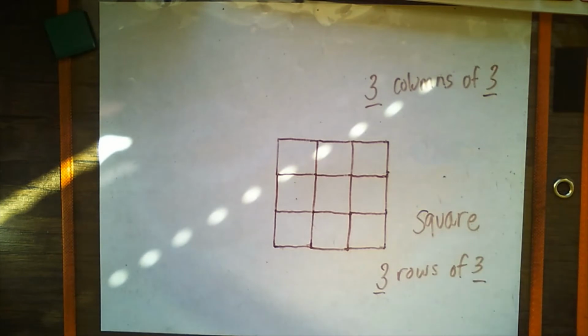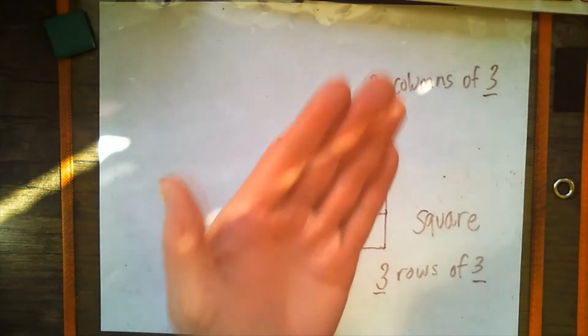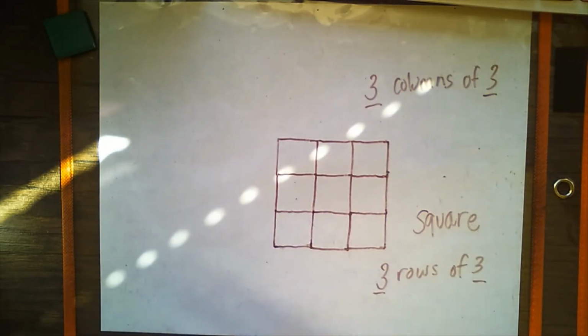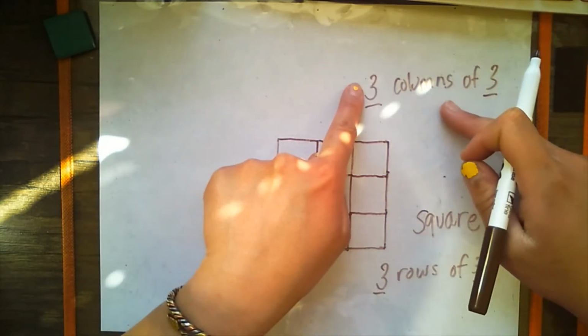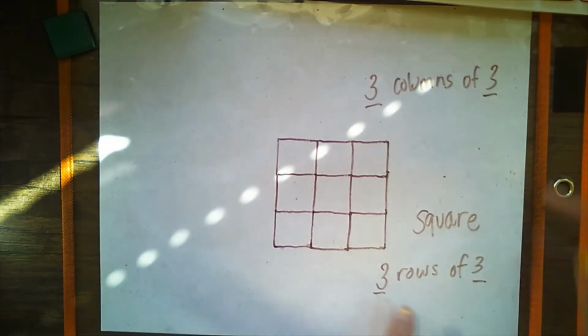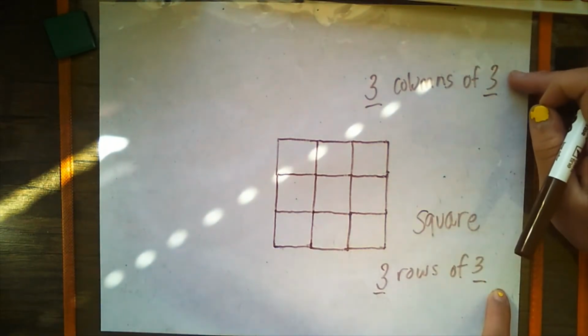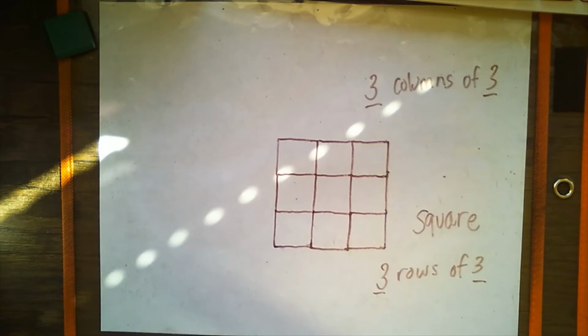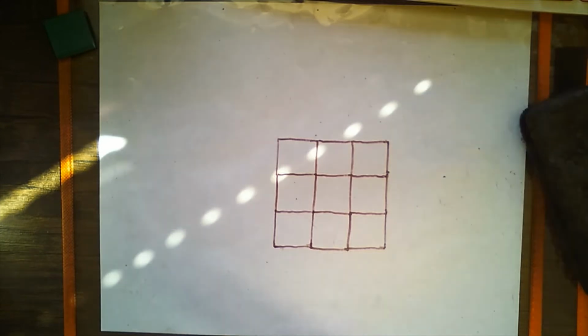So this is a square, and I have 3 rows of 3 and 3 columns of 3. And that's what makes a special rectangle or a square, is when we have the same amount of columns as the amount of rows. We have the same amount of columns and the same amount of rows with the same in each one. That's what makes a special rectangle, also known as a square.